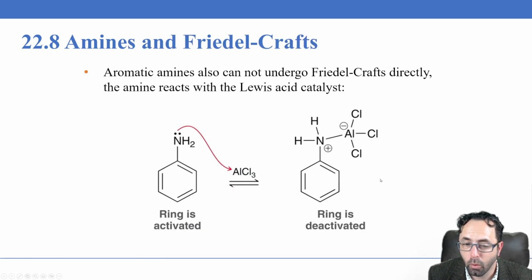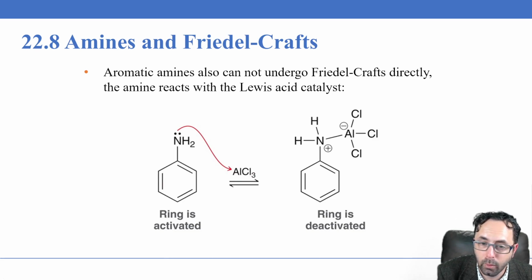Now, for this aniline here, anilines cannot undergo a Friedel-Crafts acylation or alkylation directly. And the reason why is that the aluminum chloride here will behave as the electrophile, yes, like we would expect, but it's not going to be reacting with the benzene ring this time.